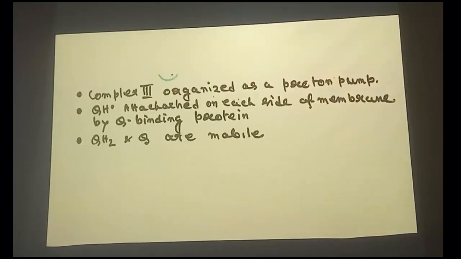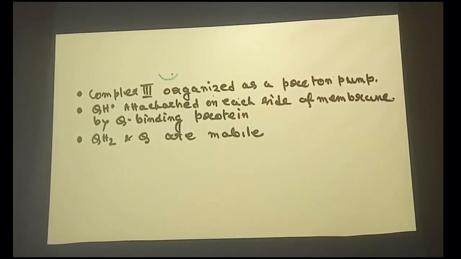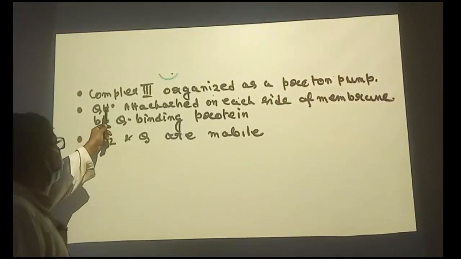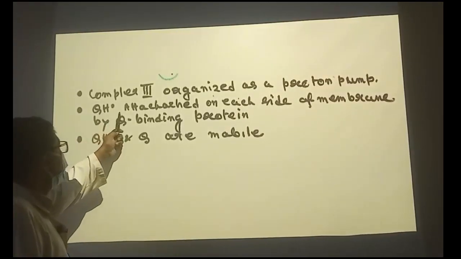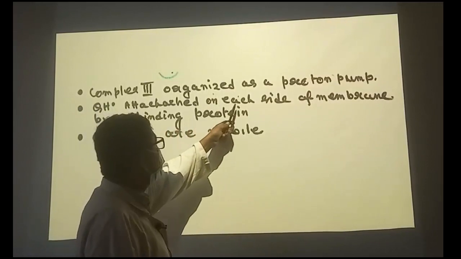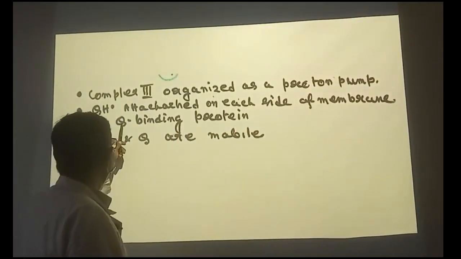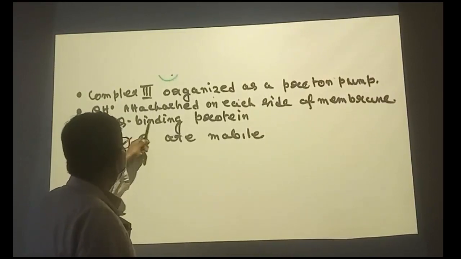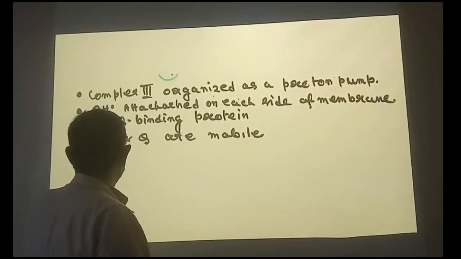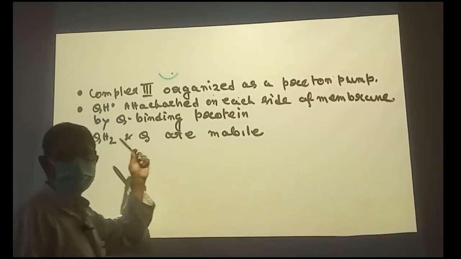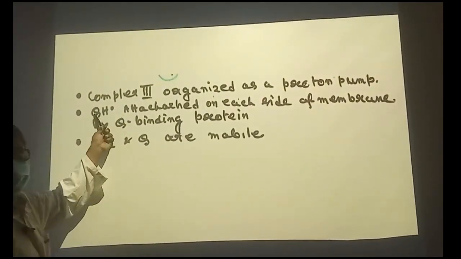Next please. So complex 3 is organized as a proton pump. The semiquinone form of the coenzyme is attached on each side of the membrane by a cytochrome protein, and QH2 and Q are mobile. Semiquinone form is not mobile.